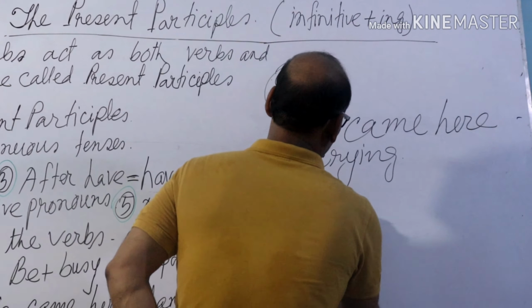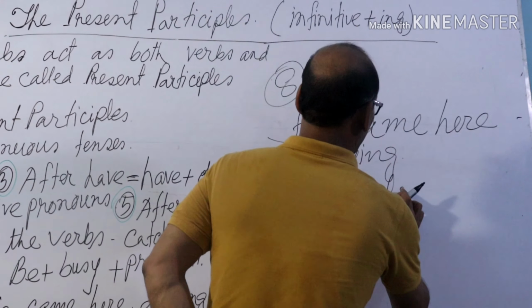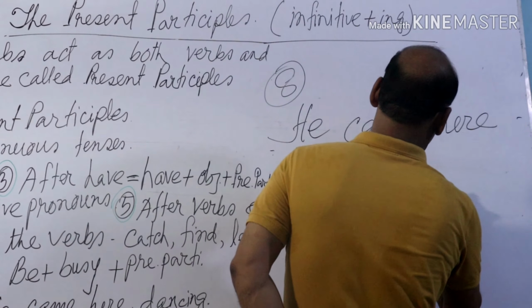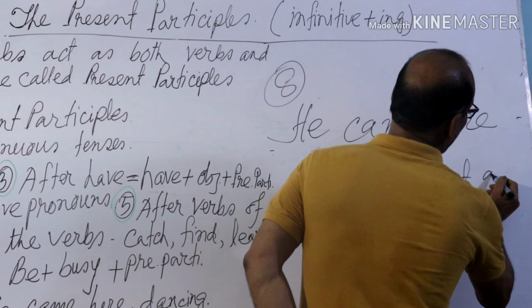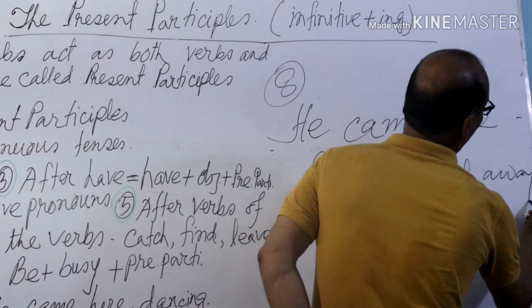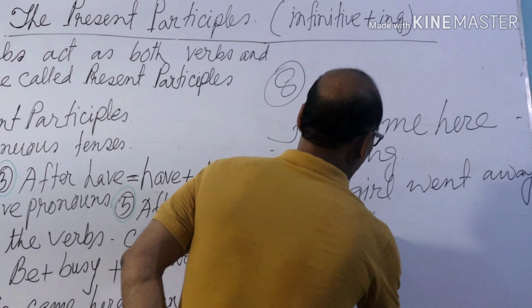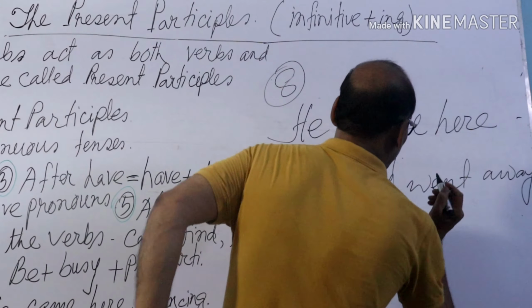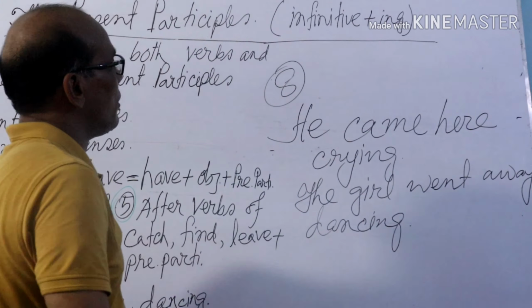The girl went away dancing. The girl went out dancing here.